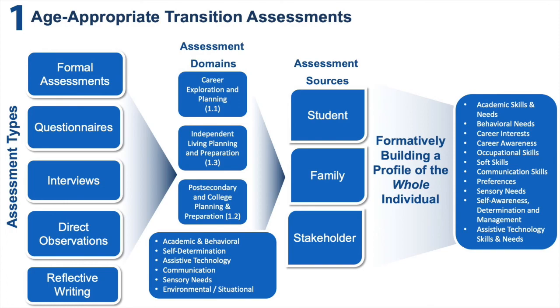And informal assessments can be interviews, questionnaires, direct observations, often with a checklist, student reflections, and self-assessments. Importantly, both informal and formal assessments can be used to measure different aspects of a student's growth toward a specific transition goal.